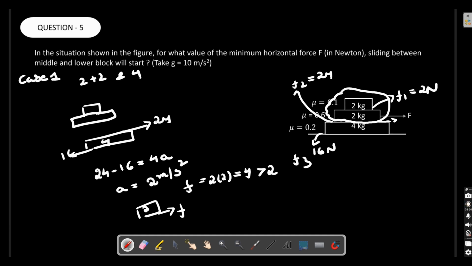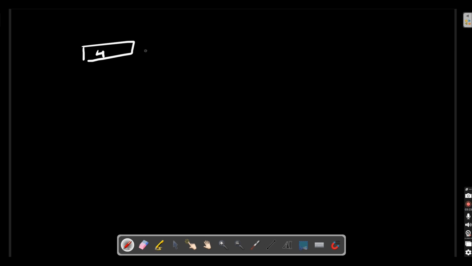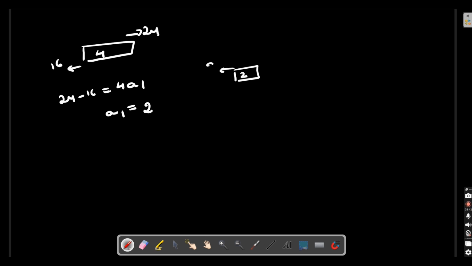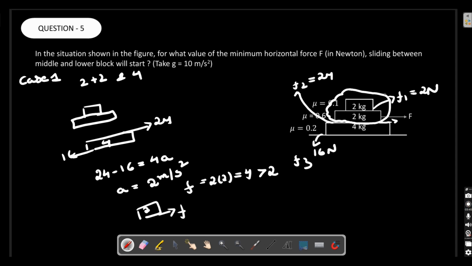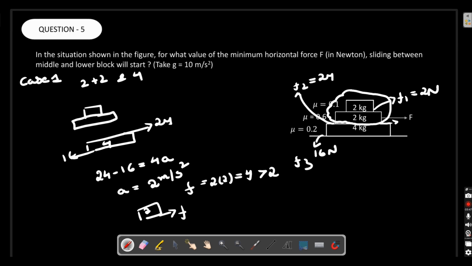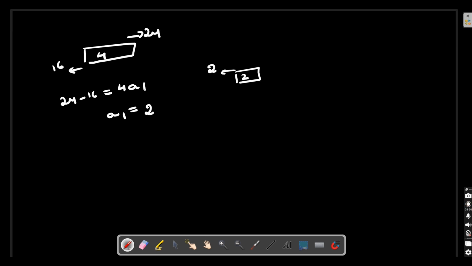Now let's consider this 4 kg block. Here you will have 24 Newton because of this particular block. This is 16. I have no problem in it. 24 minus 16 is equal to 4 into A1. That A1 becomes 2 meter per second square. Now this is the 2 kg block. Here you will have 2 Newton because of the friction on the small block, which will oppose in this way.